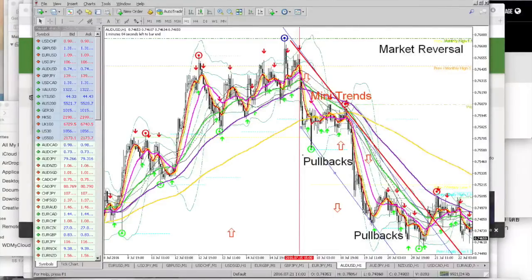How often has it happened that you see, oh, it's broken out, I'm going to do a call trade? How many times has it happened that it actually goes sideways and then down? Now, we're quite close to being able to identify a market reversal, and I'm going to tell you what other things I look at.